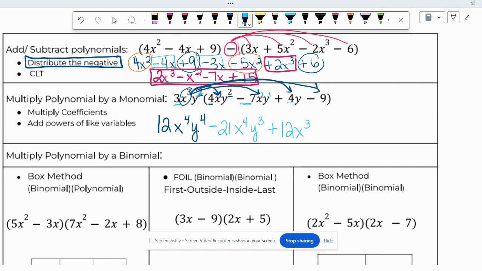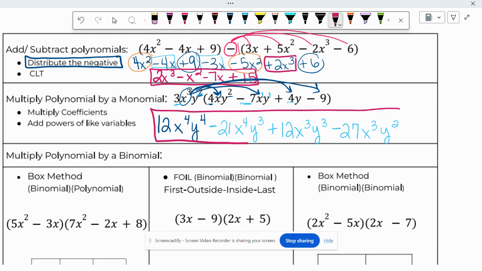Y squared times y is y cubed. 3 times -9 is -27. And there are no variables here, so my x cubed y squared goes right along with it. X cubed y squared. So this is my polynomial written in standard form.